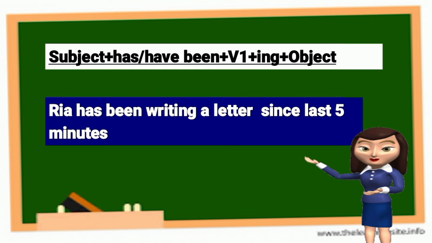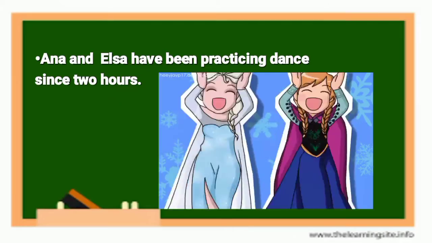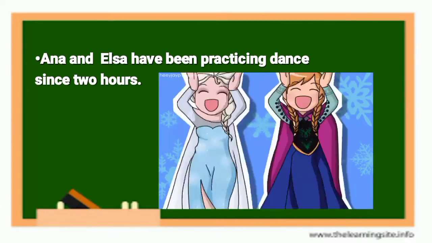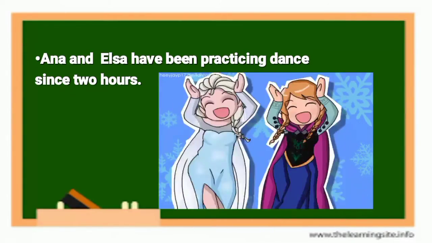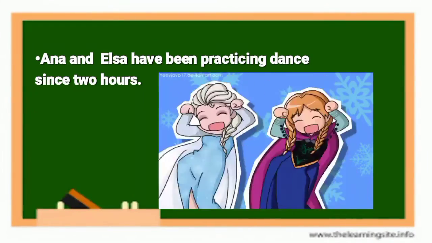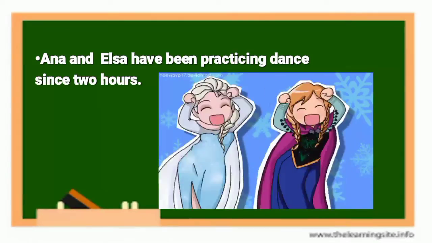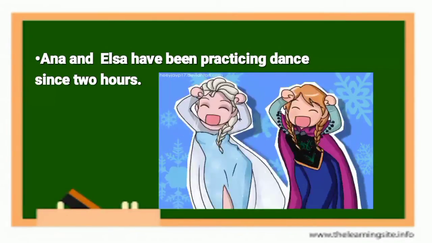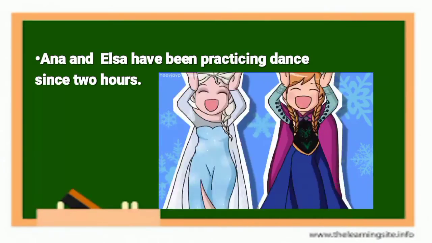So in another example, Anna and Elsa have been practicing dance for two hours. So our subject is Anna and Elsa, our helping verb is have been, our verb is practicing, then our object is dance. So why do we use have been?